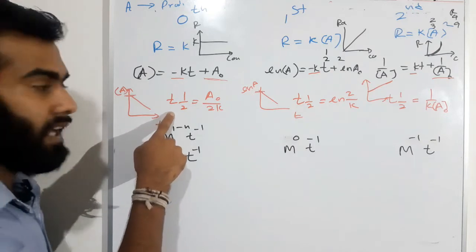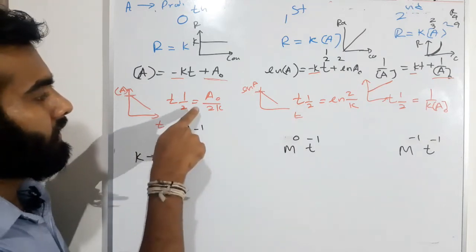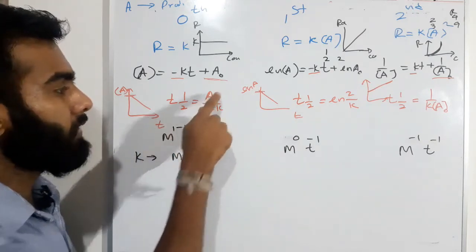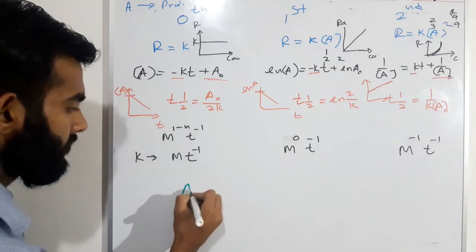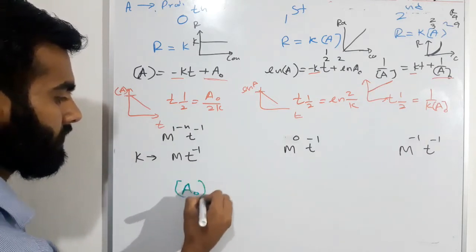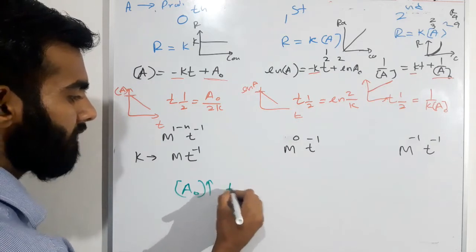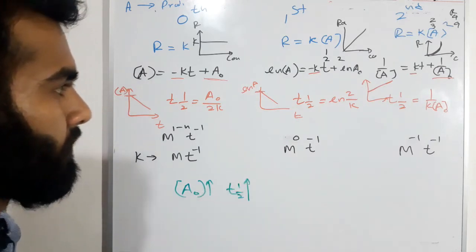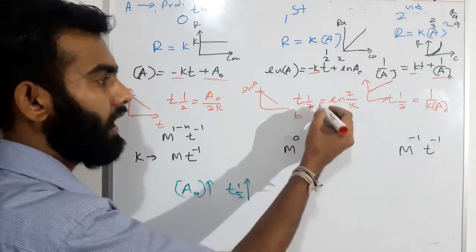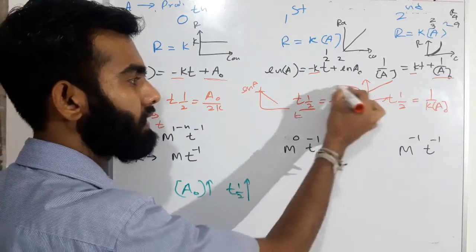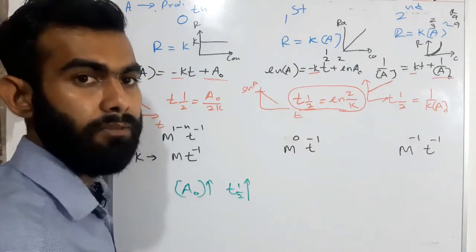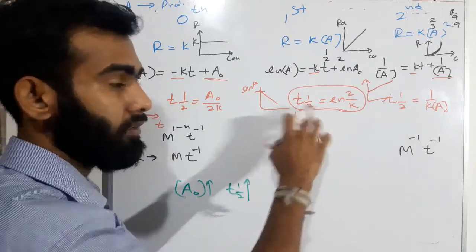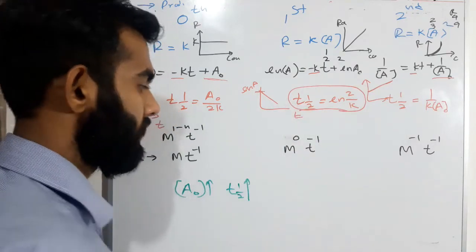If you consider half-lives in zeroth order reactions, if we increase the initial concentration, half-life will be higher. In first order reactions, half-life is not affected by the concentration.